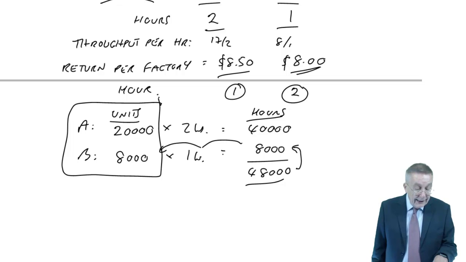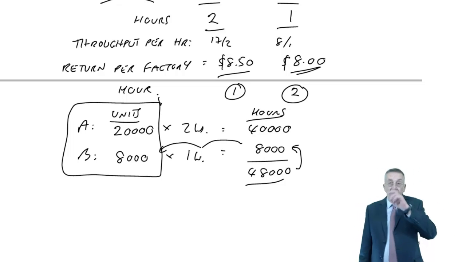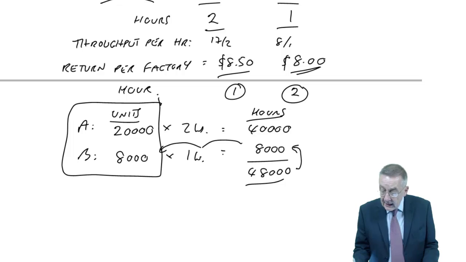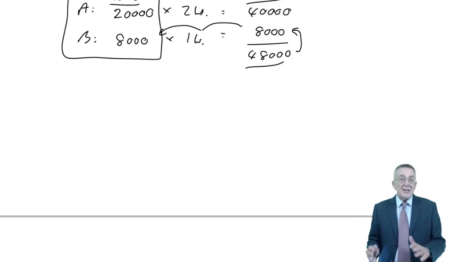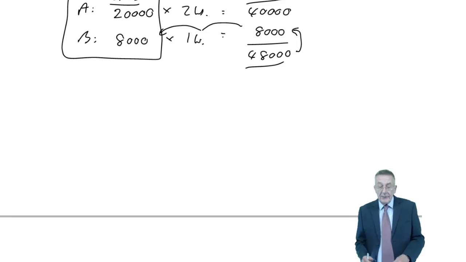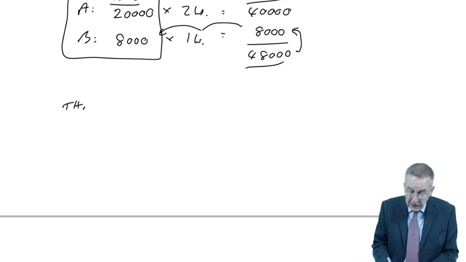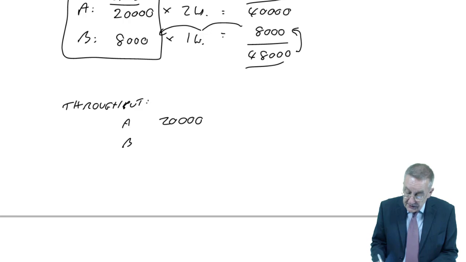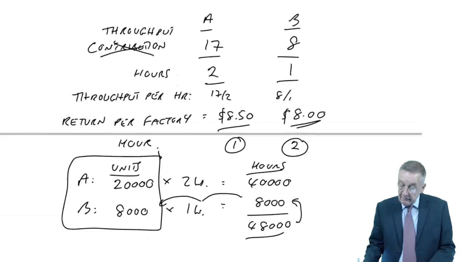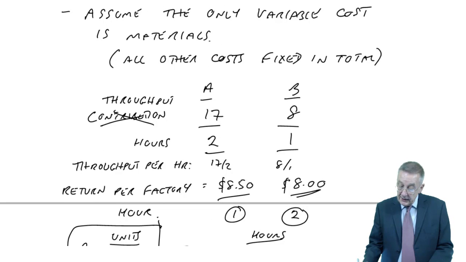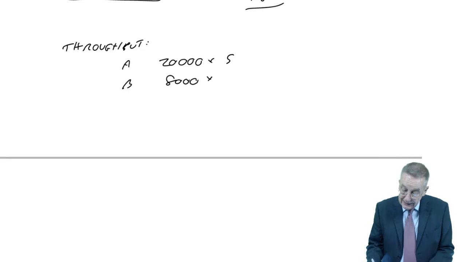Albeit this does carry on and want to know what the maximum profit is. And a bit like last time, this bit's unlikely, but I'll do it to be safe. We know how many of each we're going to produce, so the total throughput that we'll get: it's 20,000 A's, 8,000 B's, and the throughput per unit, 17 and 8.